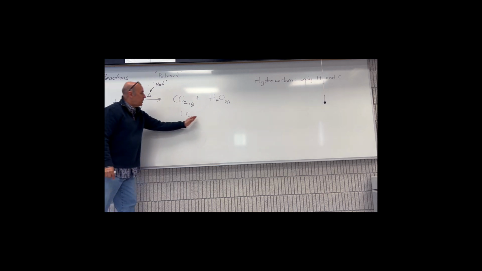When I say atoms, I really mean to say moles. We introduced the term mole last time as an amount like a dozen, but it's much bigger. So this is 1 mole of carbon in 1 mole of methane, and these are 4 moles of hydrogen in 1 mole of methane. Okay, so how many hydrogens on the right?